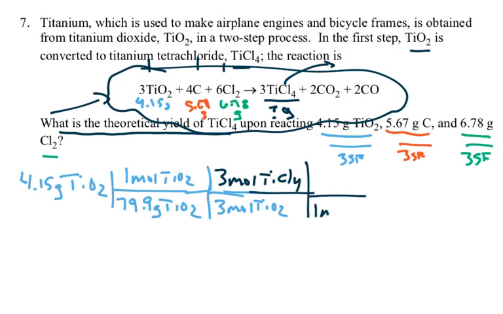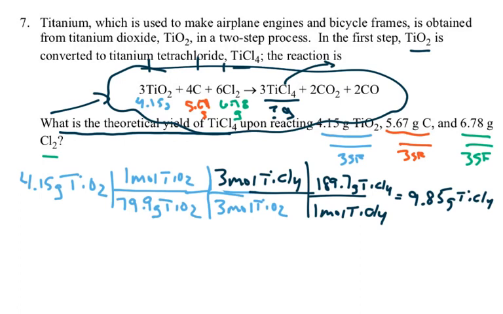Now, for every 1 mole of TiCl4, there is 189.7 grams. Okay. That was from one thing. That was from TiO2. We did our reaction.